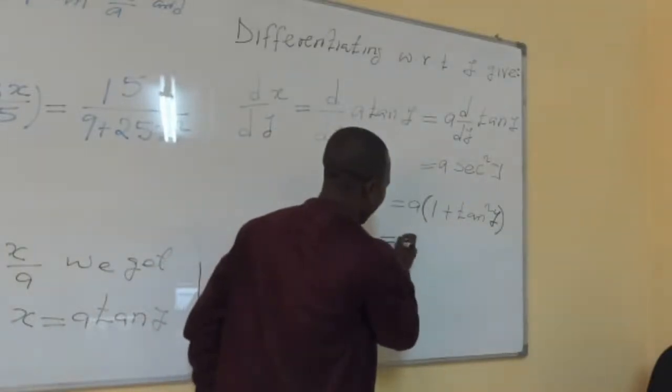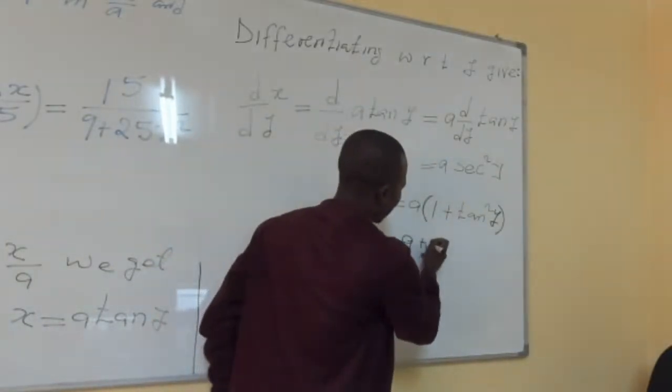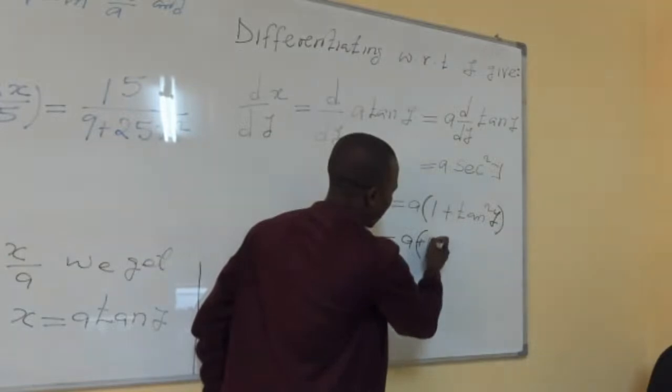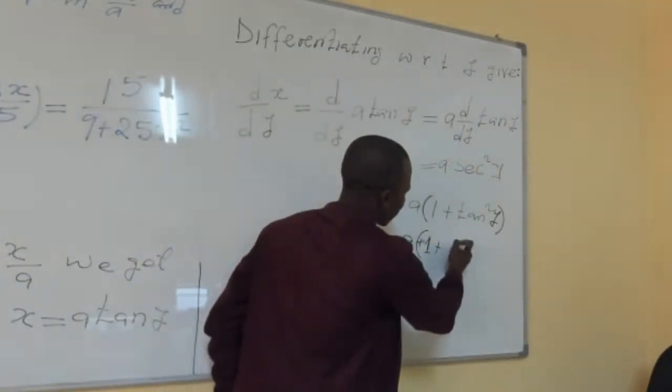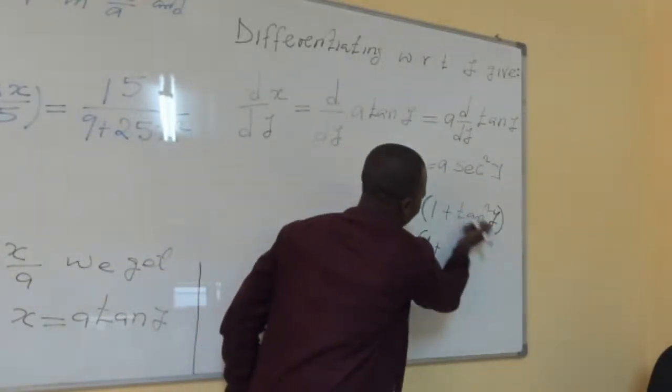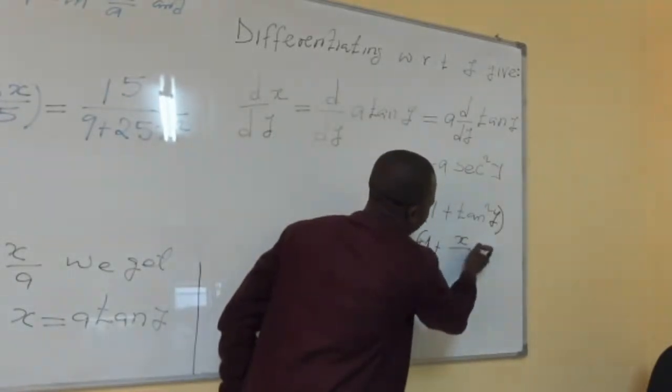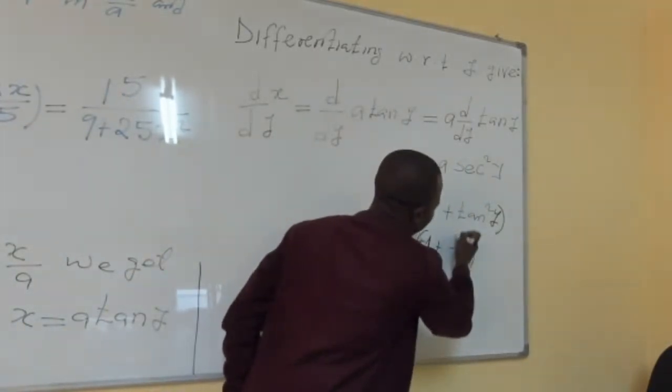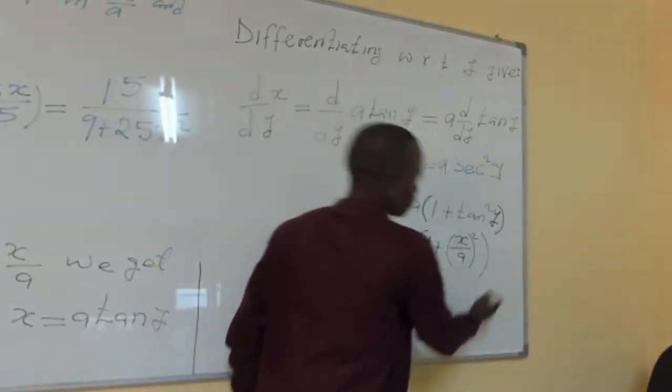So this is going to give us a multiplied by 1 plus x over a, everything squared.